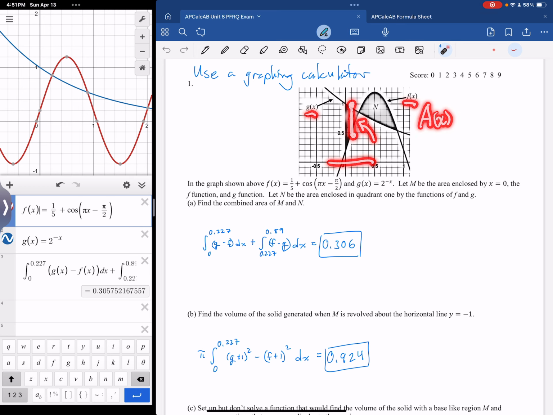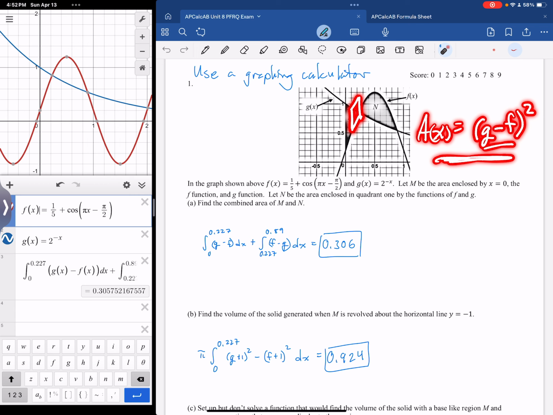Now that side is the bottom side of my square. The cool thing about squares is that you just need this one side and then you square it. That's how you find the area of it. So the area function is going to equal g minus f, and then we square it. g minus f is the length of this side. Yay, that's it. Now we have our area function.